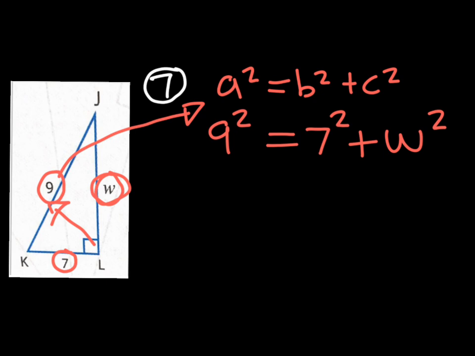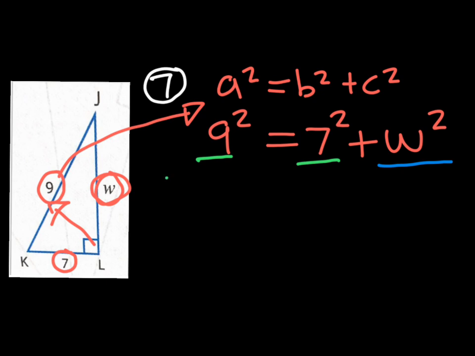Now remember, when we are solving equations, what we like to do is we like to get all of our constants alone and we like to get all of our variables alone. And in this example, W is our variable, that is our unknown, whereas 9 squared and 7 squared are our constants. So we can move those over to the same side.